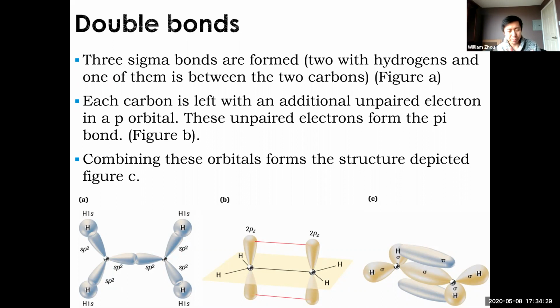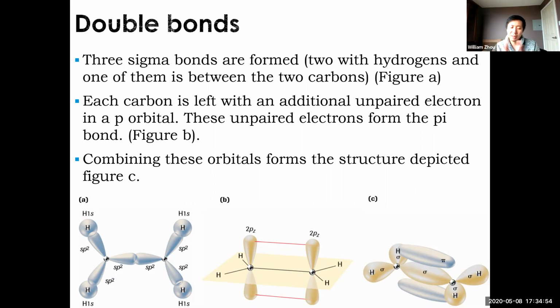Now, if you just bring your attention to the lonely unhybridized 2pz orbital that got left behind, well, that's figure B in yellow. Okay, all of its friends have hybridized in that plane, but the 2pz is perpendicular to everybody else. And because there are 2 carbons, there will be 2 unhybridized 2pz orbitals, and they would be just looking at each other.